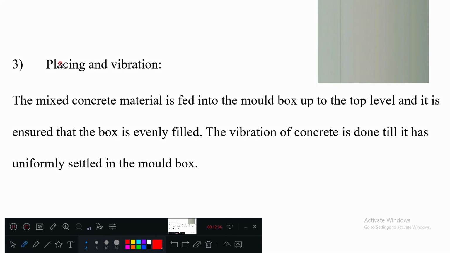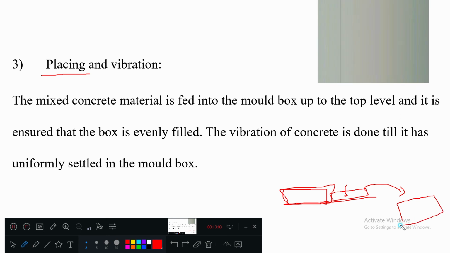Next, after mixing, you need to place them. How did you manufacture the brick? On the ground or on a table, you keep the mold, fill it with the prepared clay, compact it and remove it. In the same way, for preparation of the concrete block also, you need to have molds. Or in the automated batching plant itself, you can have an assembly such that the concrete blocks are continuously coming.